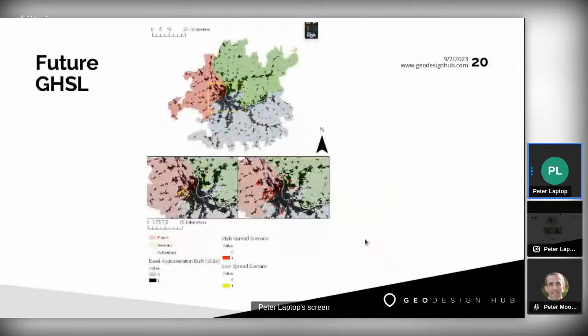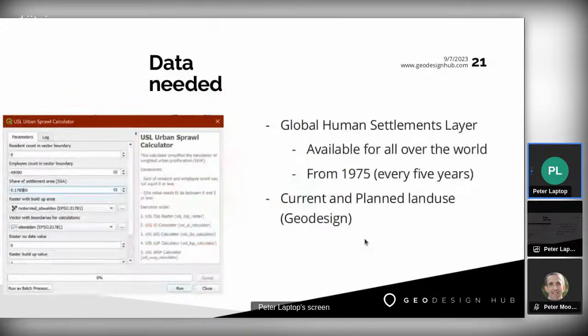The two scenarios were fed into the model. Here you can see the high spread and the low spread scenario. So this is the future human settlements layer, let's say. And then we have a QGIS plugin. Basically, there is a vector boundary, employee count, settlement area, the raster of the built-up area, the vector of boundaries, the output, and then you run it.